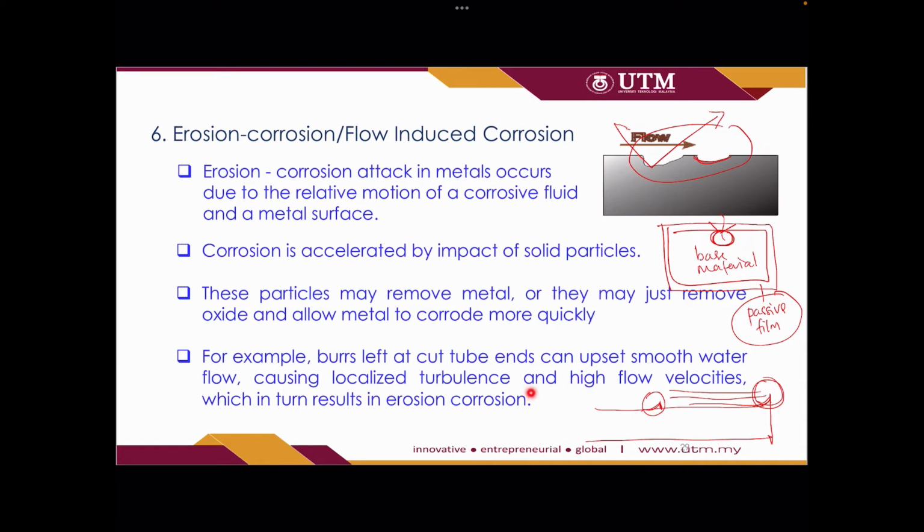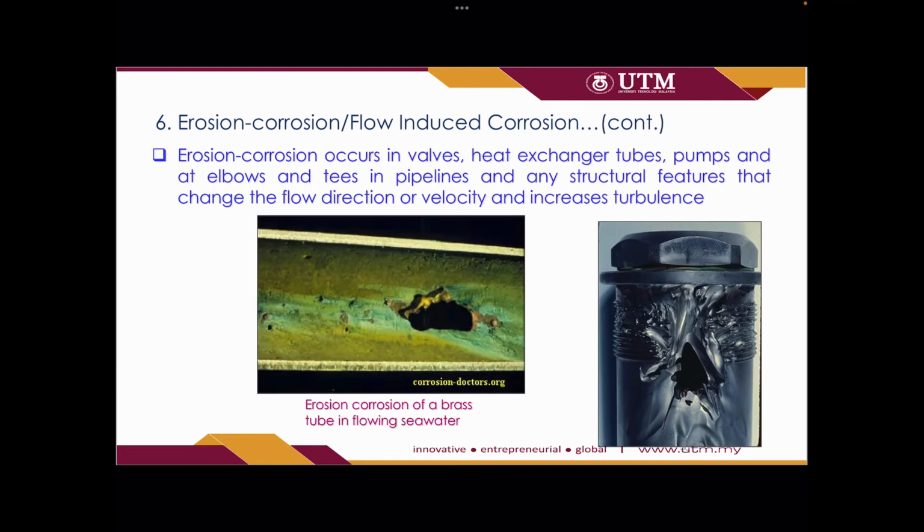So this may allow high flow velocity, which allows erosion corrosion. So erosion corrosion occurs in valves, heat exchanger tubes, pumps, and at the elbows and tee junctions in pipelines, and any structural features that change the flow direction or velocity of the liquid flow or gas flow and increase the turbulence at that particular area. So this is where erosion happens.